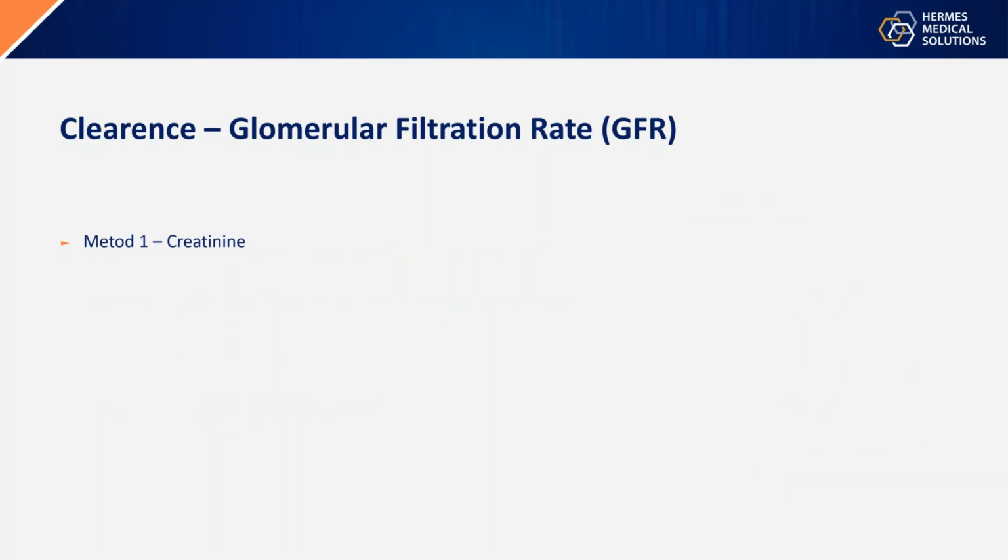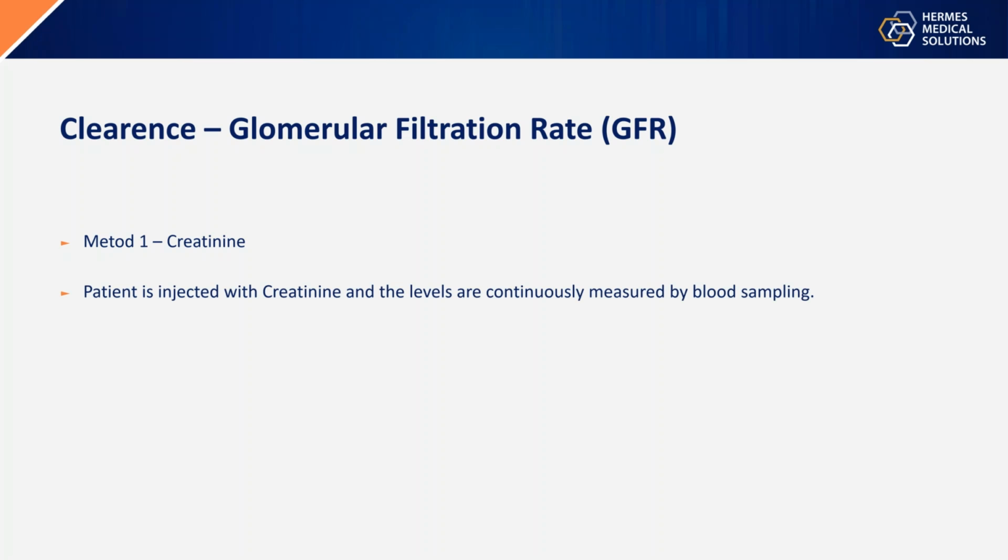The first method is with creatinine. So this is not a renogram. The patient is injected with creatinine and the levels are monitored by blood sampling. It is very easy to perform and measure.